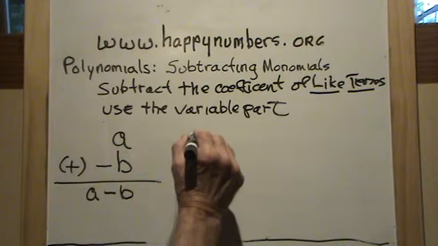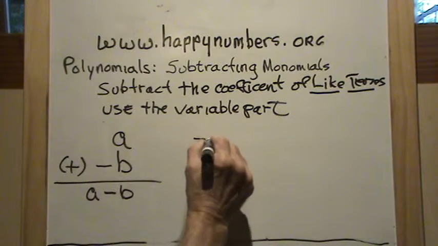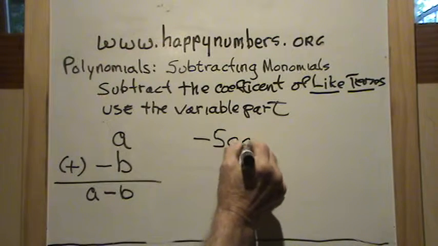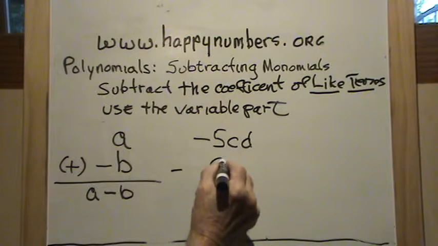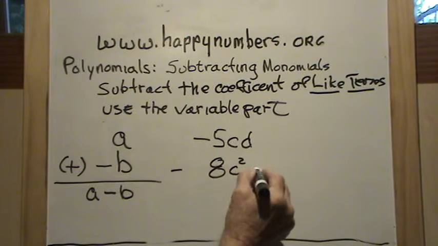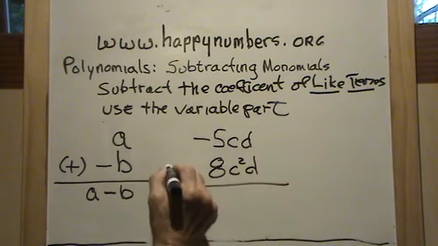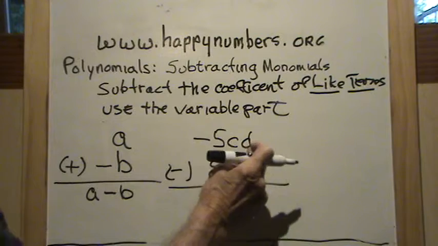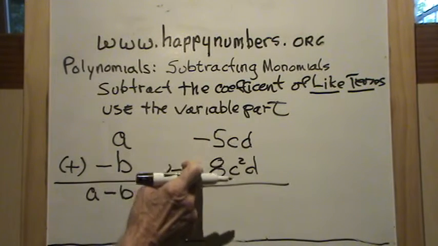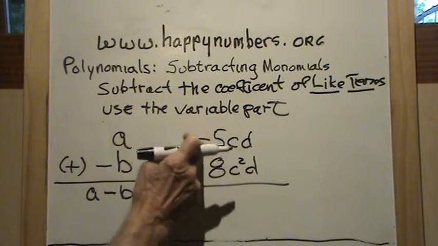Let's take another example. Negative 5cd minus positive 8c squared d. Okay, we're going to subtract those. Well, the variable parts are different, so we cannot subtract the coefficients.